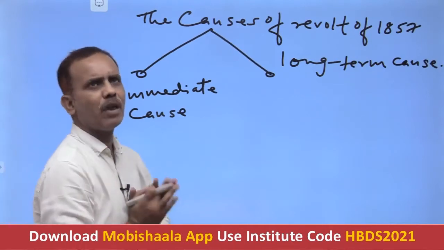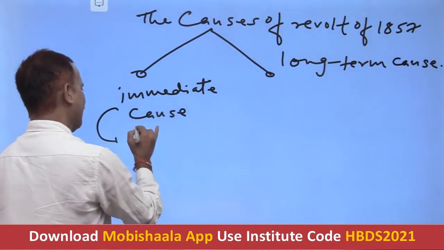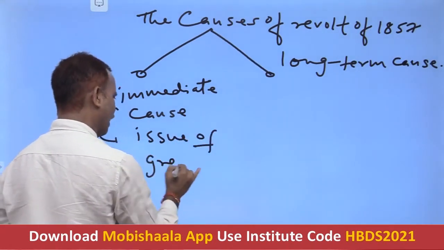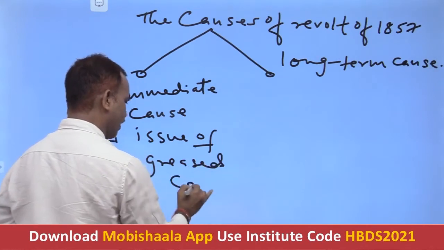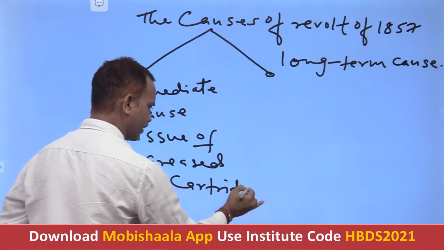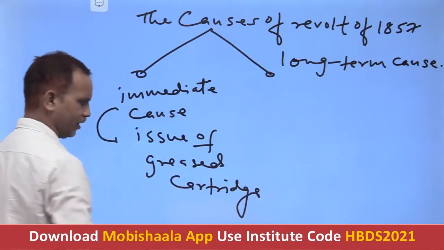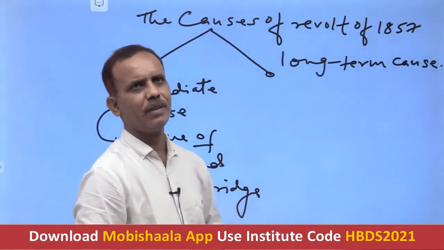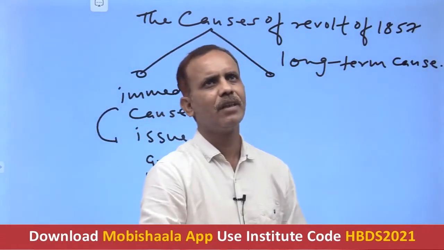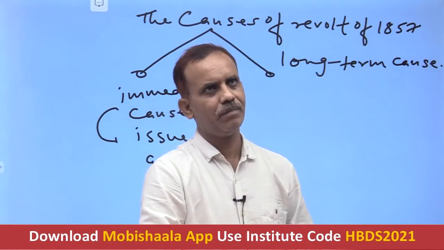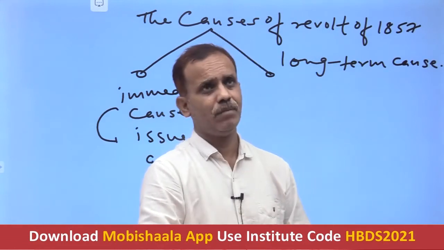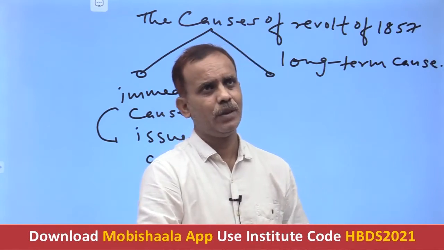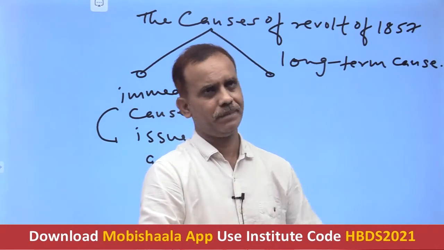The immediate cause was the issue of greased cartridge. It was the immediate cause of revolt. The use of greased cartridge in the rifle given by British government to her sepoy.